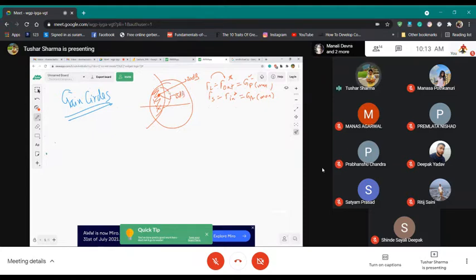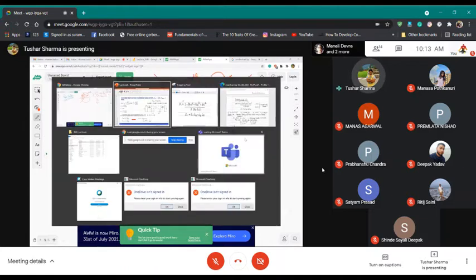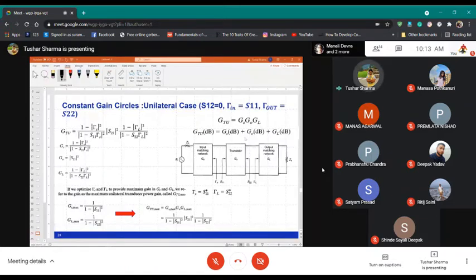But that 15 dB is not a constant impedance, because your gain, say in this case the power gain, is not just dependent on your S parameters, but also on your gamma S, or gamma L. Power gain is always gamma L, so it is dependent on your gamma L.